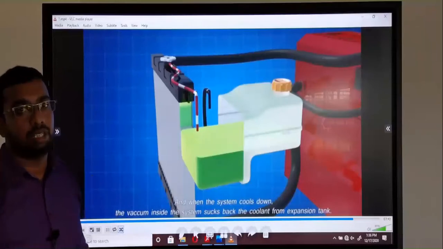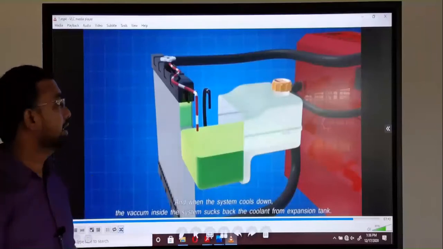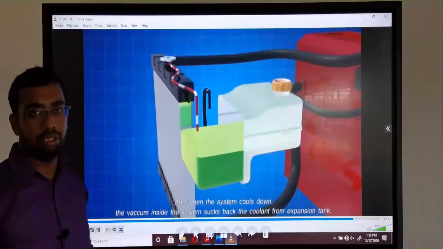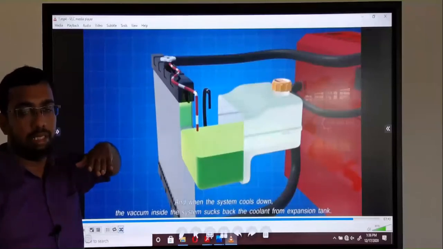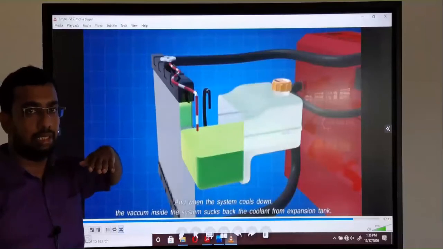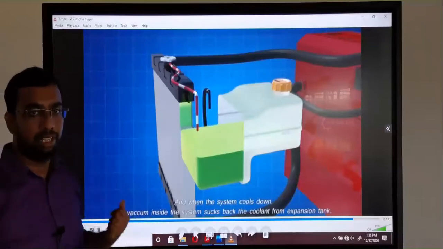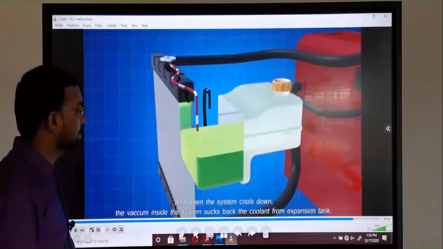After it reaches 15 psi, the spring moves back to its previous position.